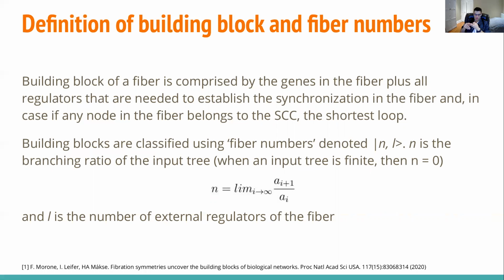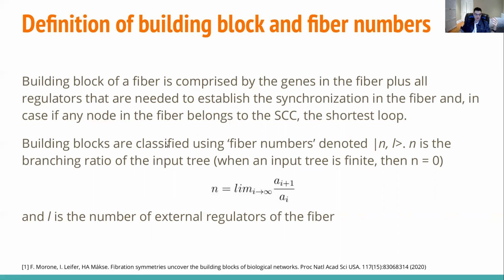I will go into depth about this in a couple of slides, but for now let's think of fibers and all the nodes that regulate these fibers. And the next step is, if any node in the fiber belongs to a strongly connected component, we include the shortest loop through this component back to the fiber. So this is the building block.